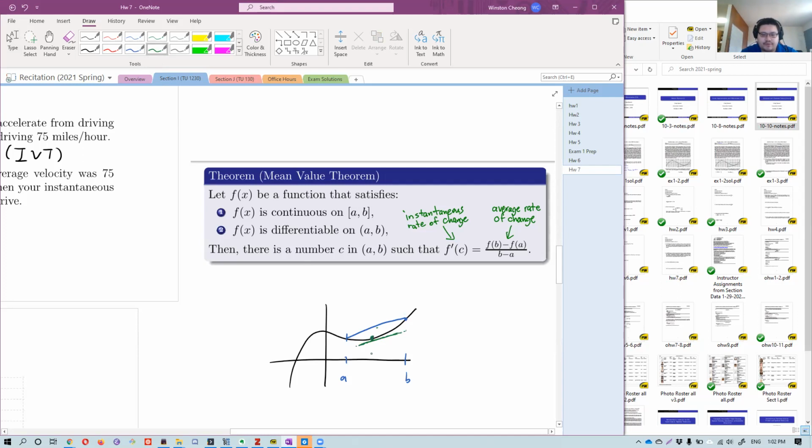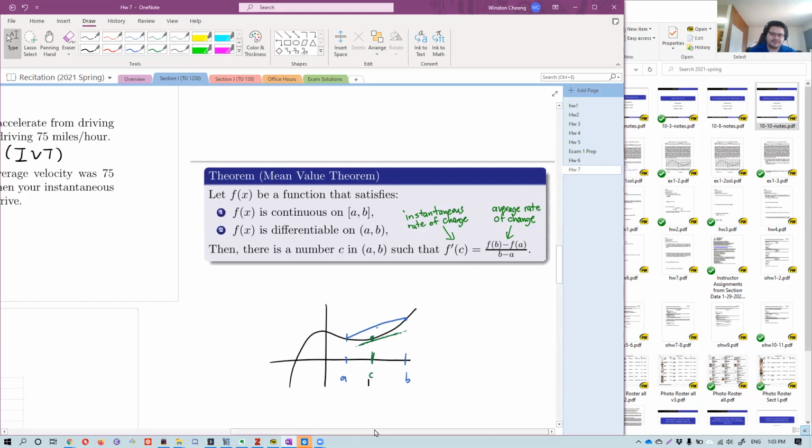That point is the special C value where the derivative matches precisely the average velocity, the average change between the two endpoints of the trip. So the mean value theorem guarantees that for some average, you can find a place where the derivative obtains that average. This instantaneous rate of change is equal to the average rate of change.